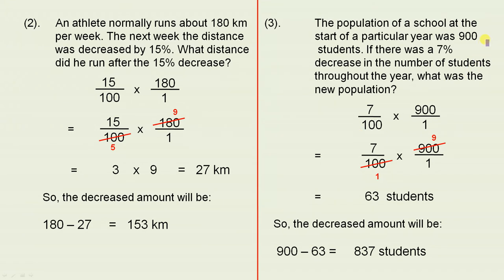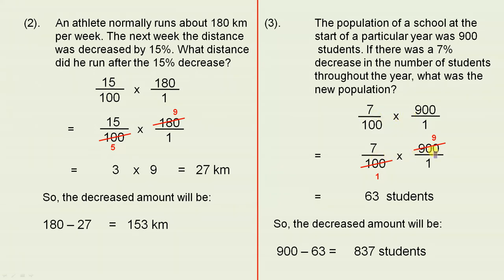Number 3. The population of a school at the start of a particular year was 900 students. If there was a 7% decrease in the number of students throughout the year, what was the new population? So we're finding 7% of 900, so that's what that is.